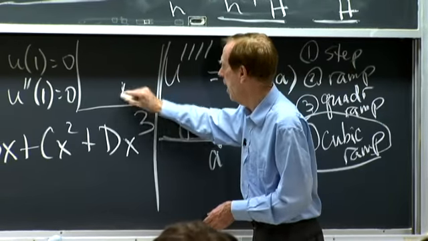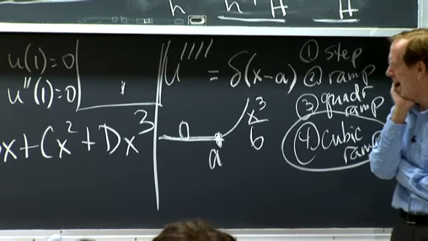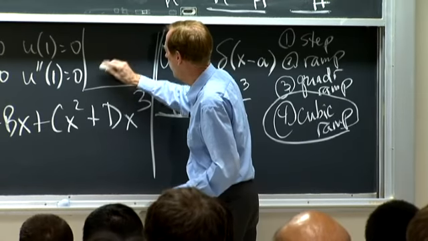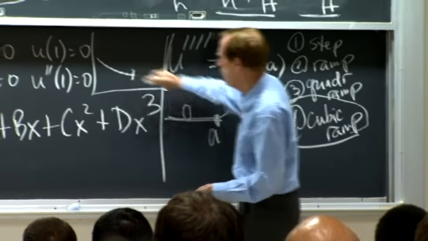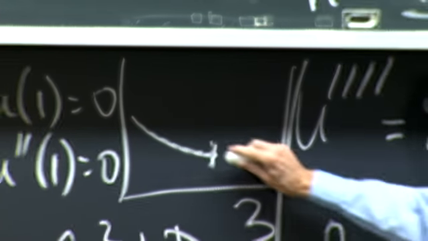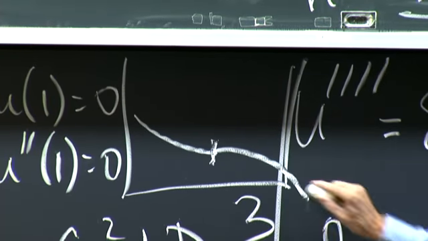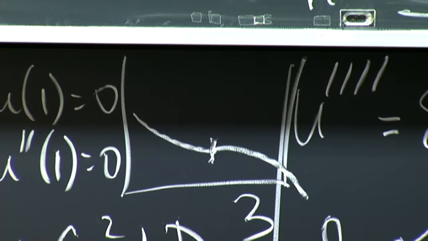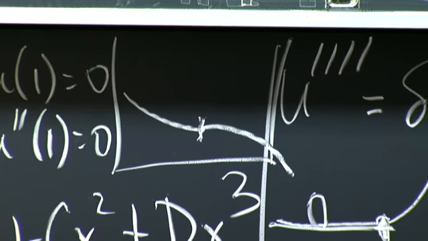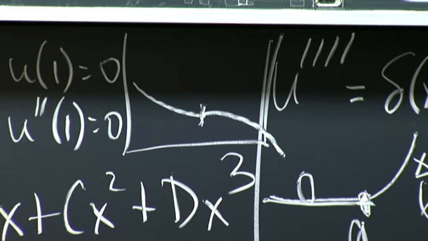Here's my point A. Keep your eye on that point A. To the left of it, I've got some curve, whatever, the beam. And to the right of it, I've got some other curve, whatever it is. And what's cooking at point A? What's the jump condition at point A? That's the critical question.